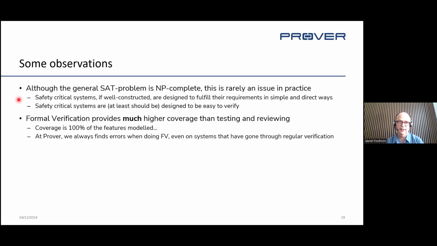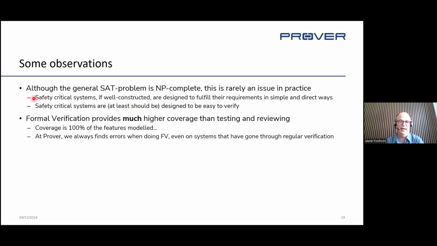And as we all know, the general SAT problem is NP-complete. So it's the problem of trying to prove a propositional formula, that in general is very likely an exponential thing. But in practice, this is rarely an issue.